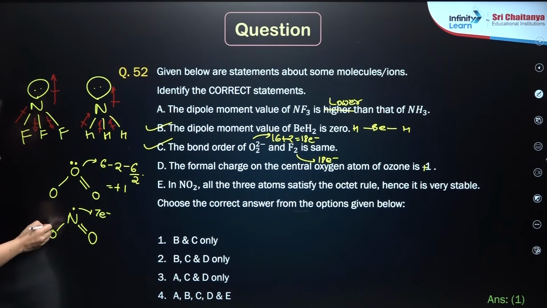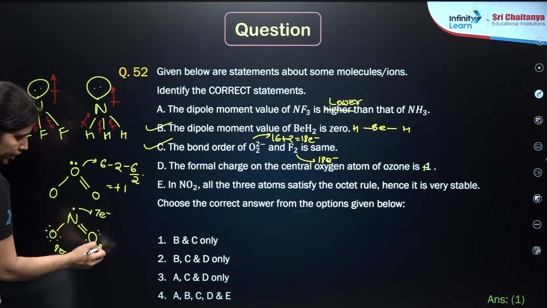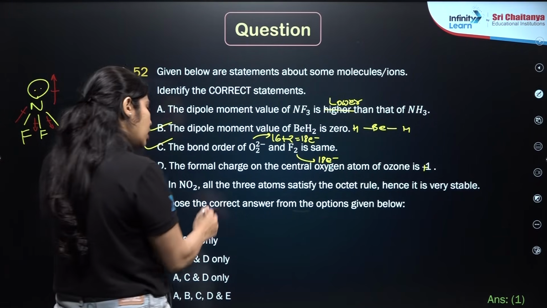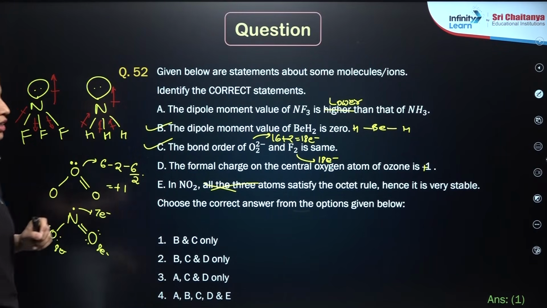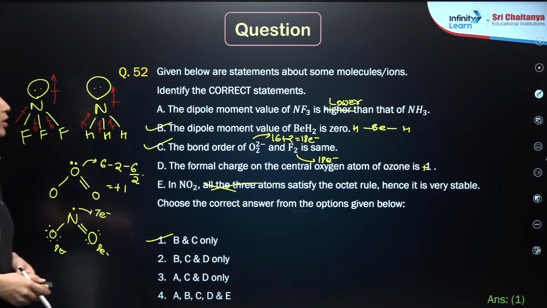For this oxygen atom, yes, it is satisfying the octet. Here there are 8 electrons. For this oxygen also it is satisfying the octet. There are 8 electrons. For nitrogen, not really. So that means all 3 do not satisfy the octet rule, only the 2 oxygen atoms. So B and C are only correct. So the correct answer is 1.